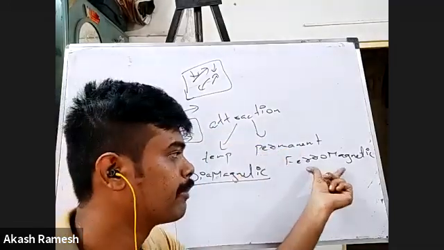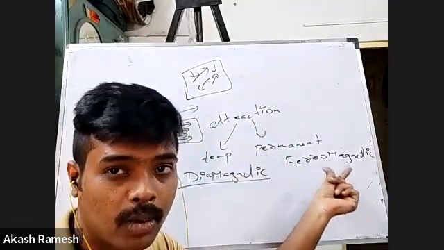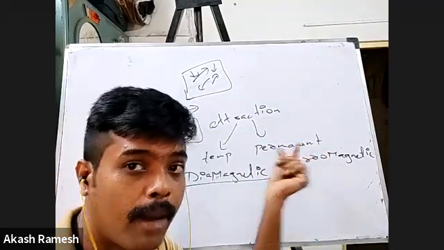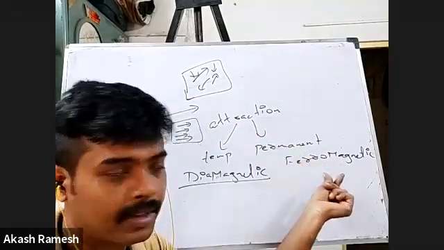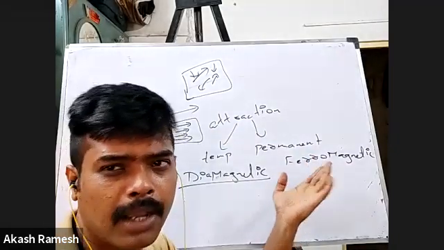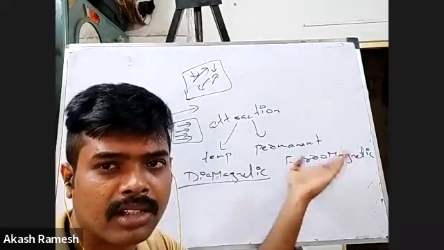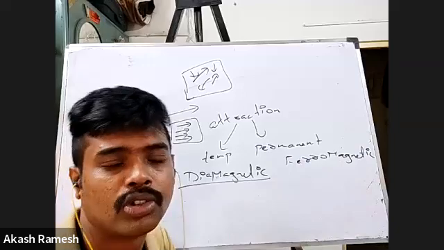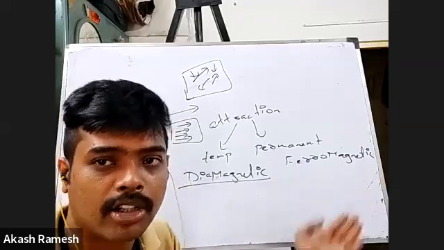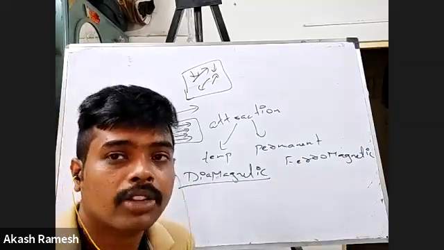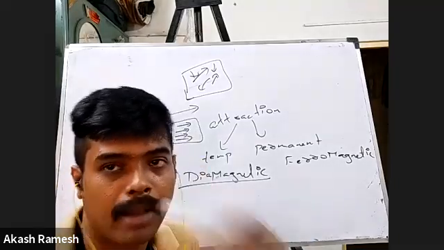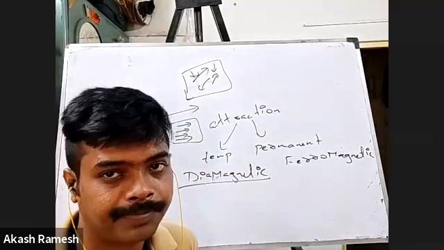So ferromagnetic materials are used in the manufacturing of magnets itself. Examples include iron, which is a very good example. Nickel, cobalt, all these things used in the production of magnets are ferromagnetic materials. So ferromagnetic materials are permanently magnetized. That's what you need to understand.